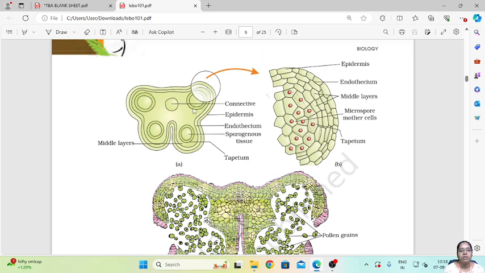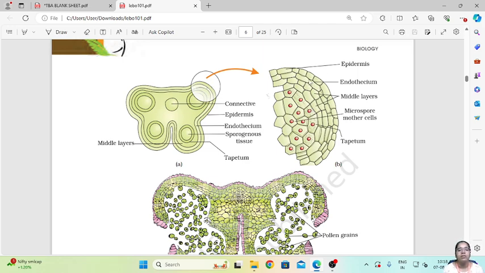And these sporogenous tissues are surrounded by nutritive tissue called the tapetum, which provides nutrition to the growing pollen grains. So this is the structure of the anther, as in what are the different layers formed inside the anther. So this was about the structure of anther.